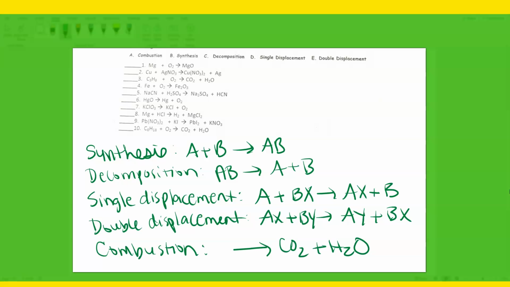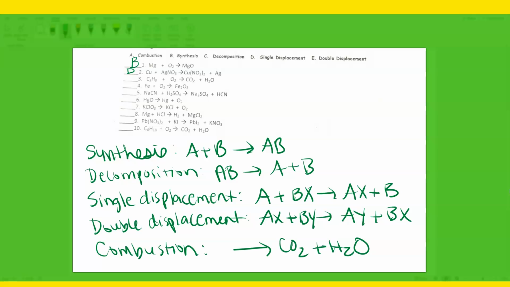If you said synthesis, you are correct. So that's letter B. Number 2, you have an element plus a compound, forming a compound plus an element. So take a look at some of the examples down here. If you said single displacement, you are correct.